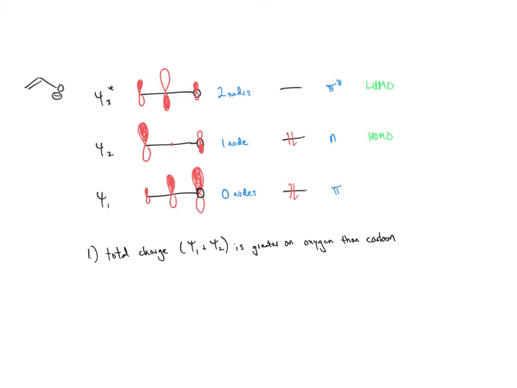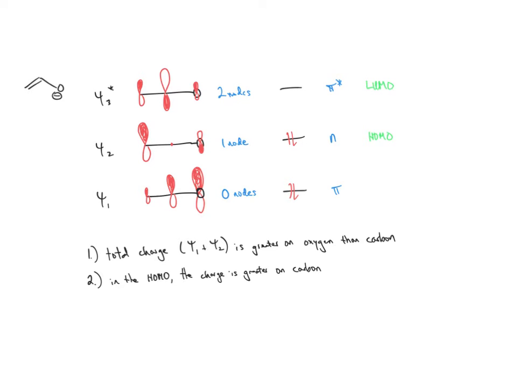The other thing that's important, though, is that in the HOMO, the charge is greater on carbon. And so this is going to have an impact on reactivity. Often, when you're reacting an enolate as a nucleophile, you have two choices for it to react in the HOMO.